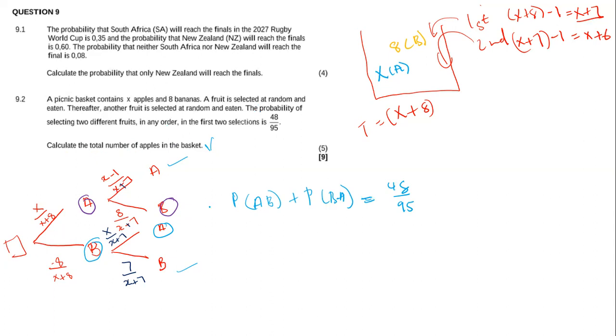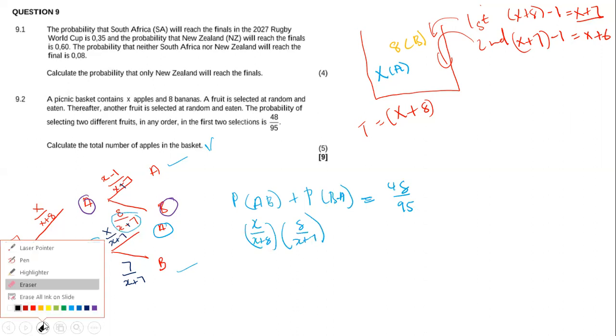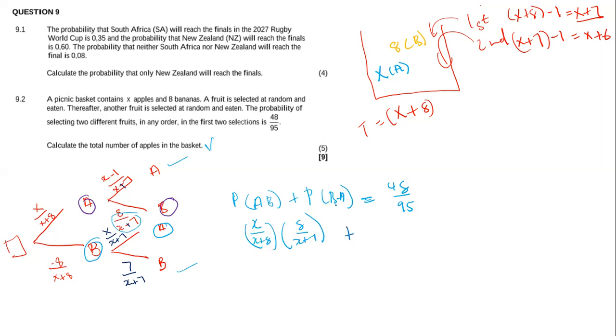So what is the probability of AB? The probability of A here is X over X plus 8, multiplied by B here, which is 8 over X plus 7, plus the probability of BA.